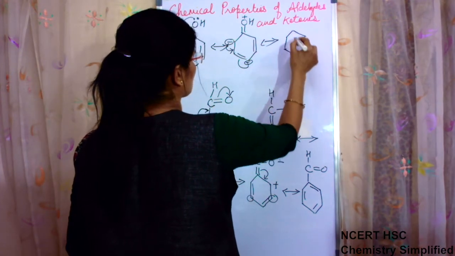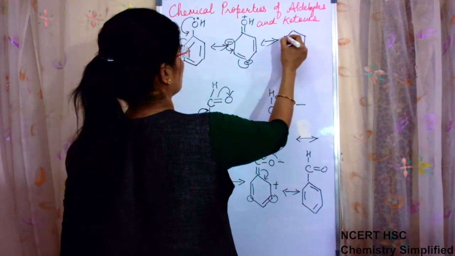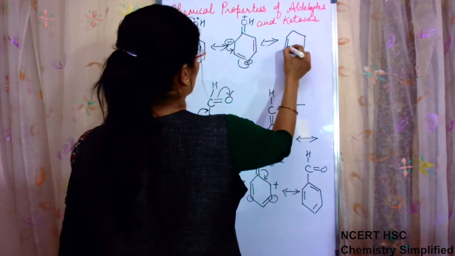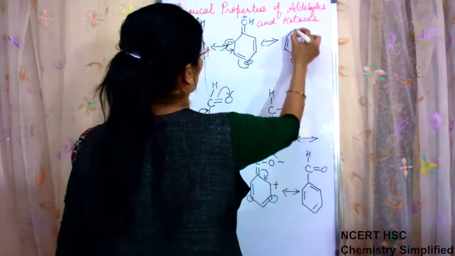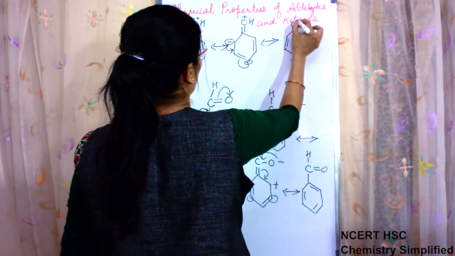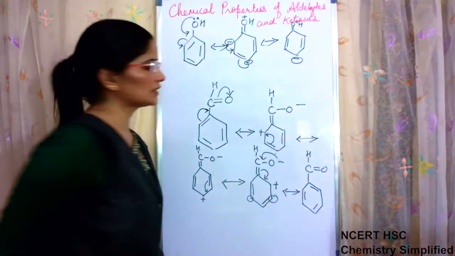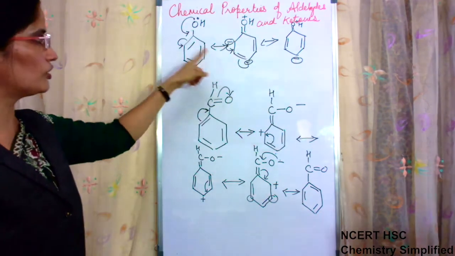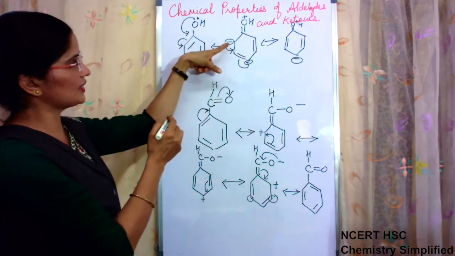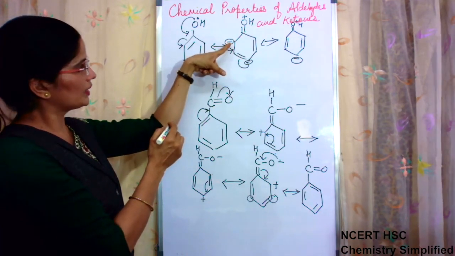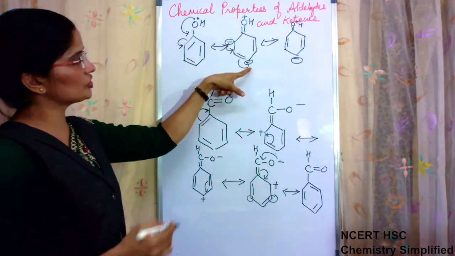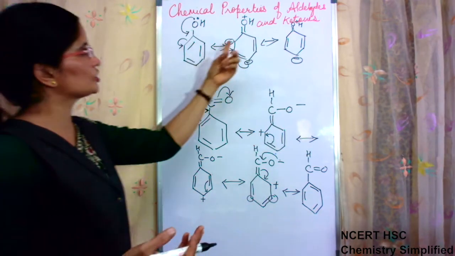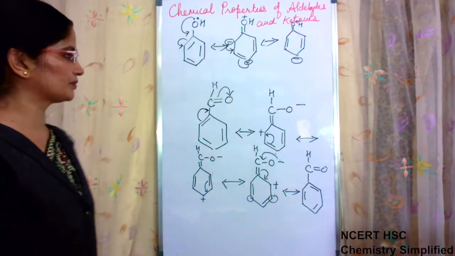So the next structure we had: this bond shifted here, this became negative, and here a double bond, O positive H. Resonating structures like these were formed in case of phenol. So we saw that electron density is increasing on the ortho and para positions. Already it is electron rich, but it is more electron rich on the ortho and para positions.